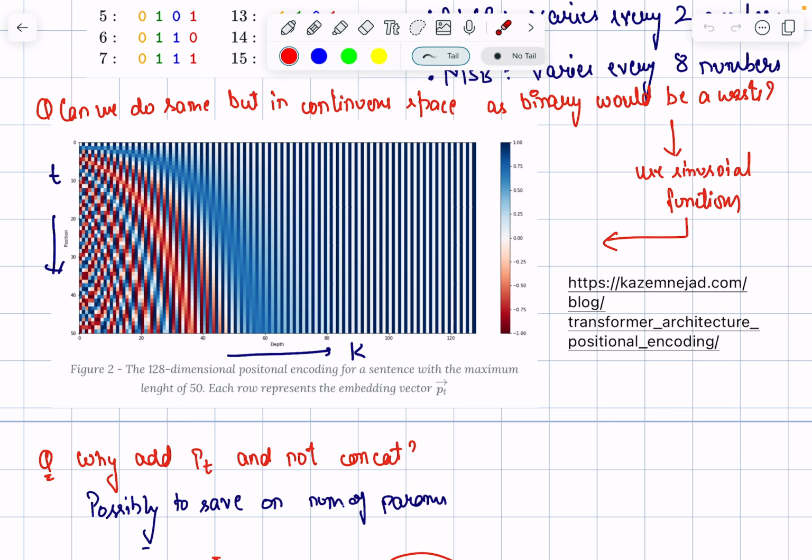So you can get some sort of intuition that I am creating these positional embeddings that are varying based on the time step as well as the depth of the d-dimensional vector that we are using, right?